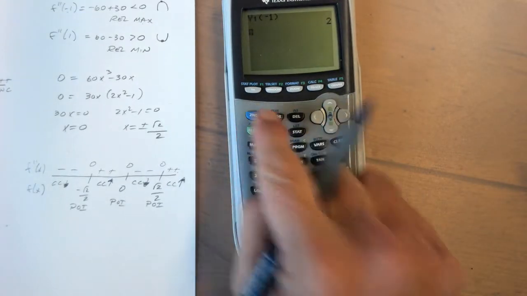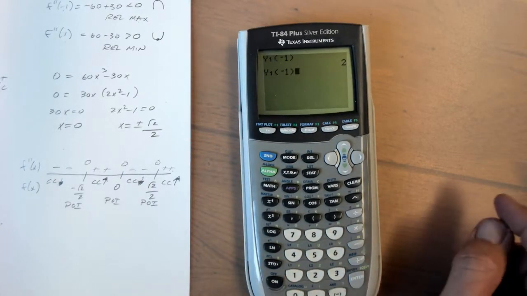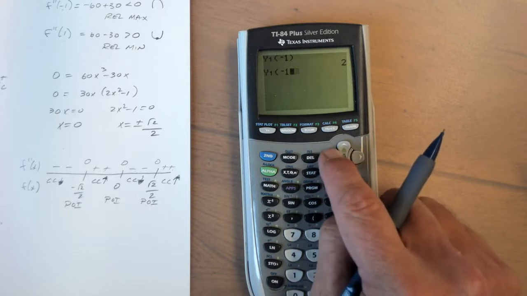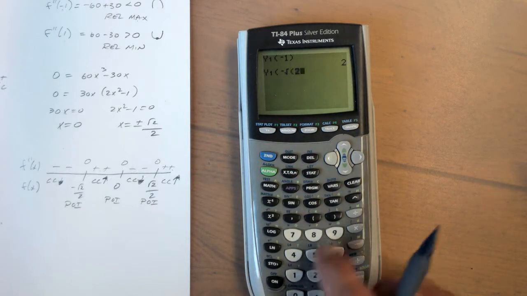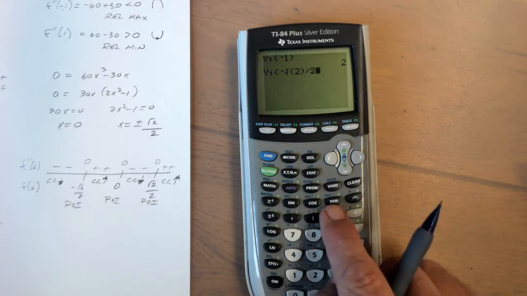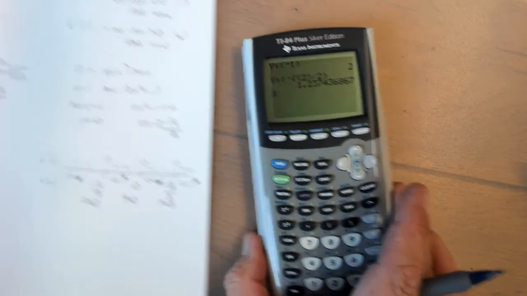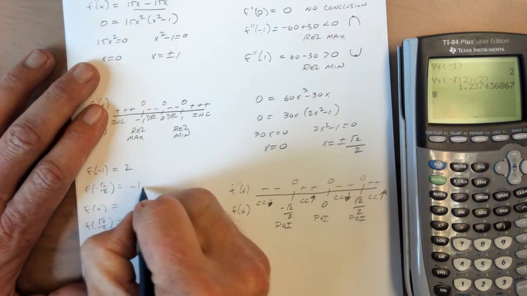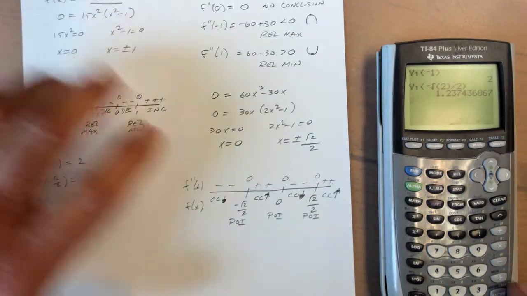So f of -1 was 2, and then I want to find f of -√2 over 2, f of 0, f of √2 over 2, and then f of 1. I can press second enter, and that's going to pull up the previous command, and then I'll just backspace and substitute √2 divided by 2. And we have an irrational number, 1.237 going to 3 decimal places.